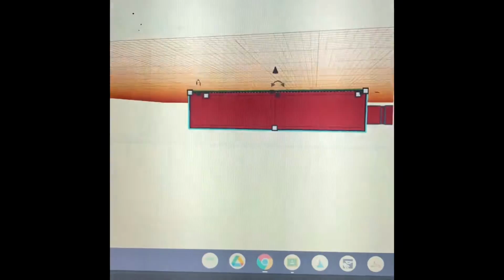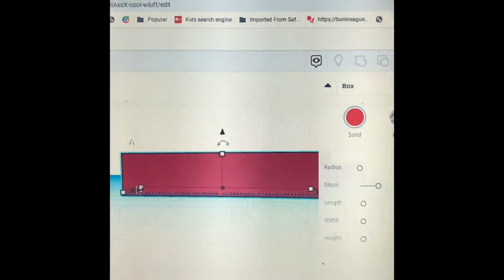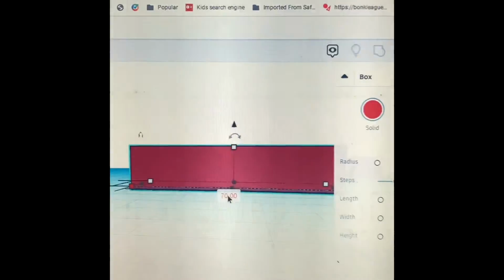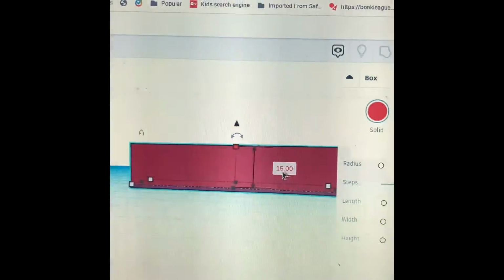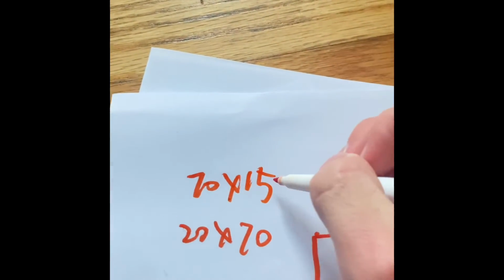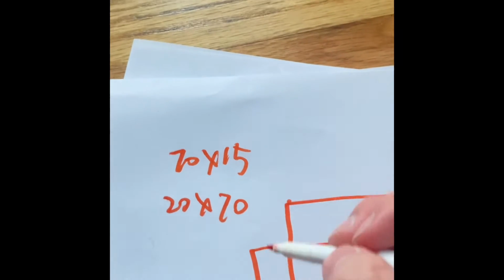When we do that, we get 70, and we also get 15 as the height. If that is 70 multiplied by 15, and not 20 multiplied by 70, it means they are not the same.